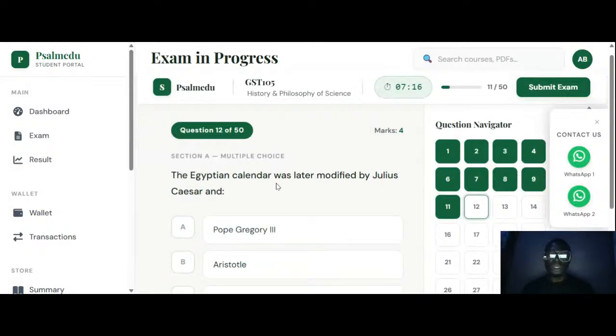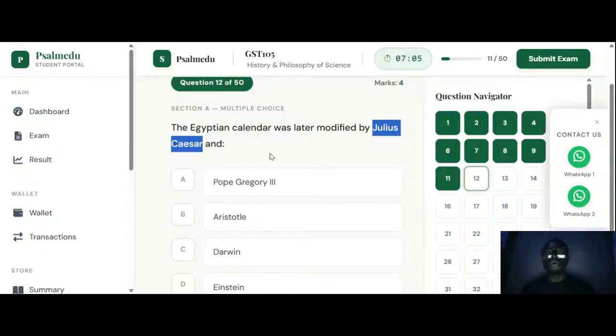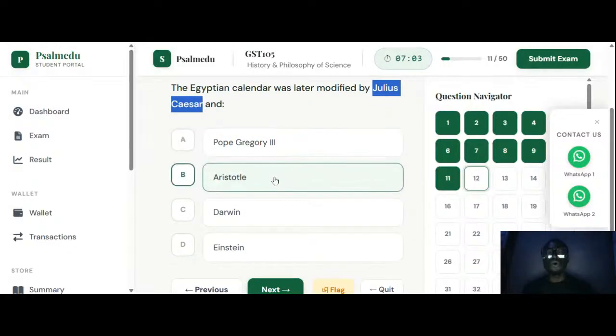Let's move on. The next question says the Egyptian calendar was later modified by Julius Caesar and who? Caesar and who modified the Egyptian calendar?